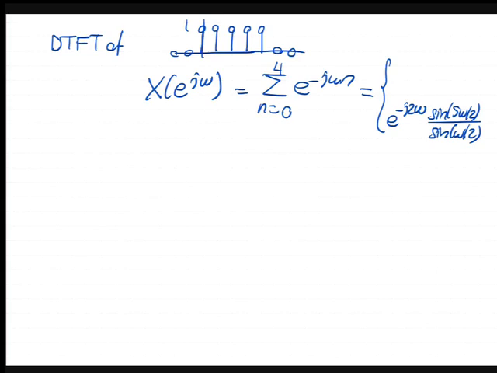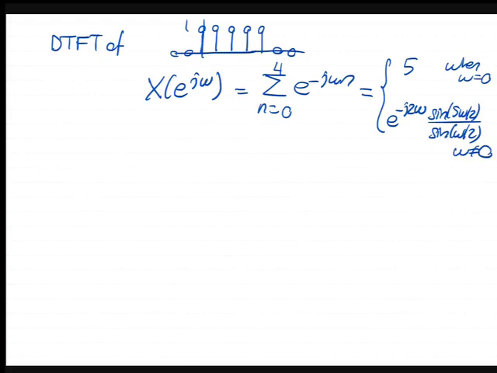So it's this. For omega equal to 0, we have to make an exception because this is not defined, but it's the limit of that, which is 5 when omega is 0, and that when omega is different than 0.